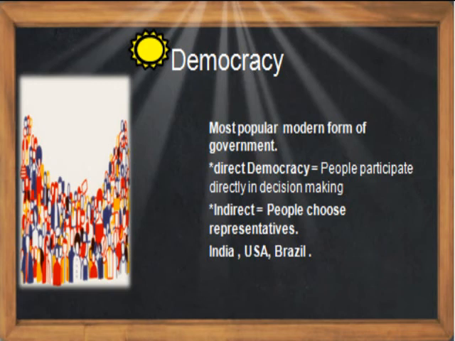So democratic government in today's time is usually known as representative democracy, right? People do not directly take the decisions. Their representatives take the decisions on their behalf, right? So this is the explanation.